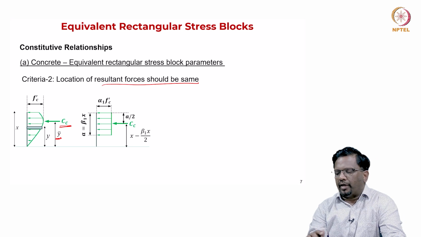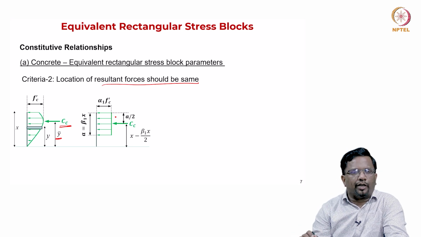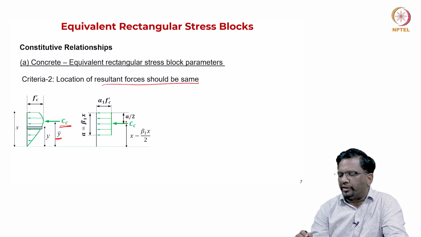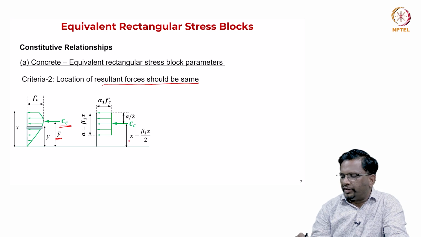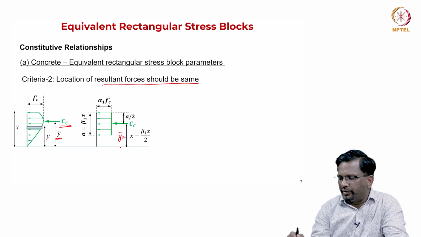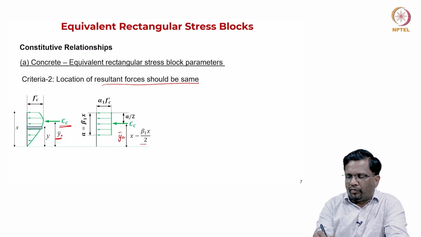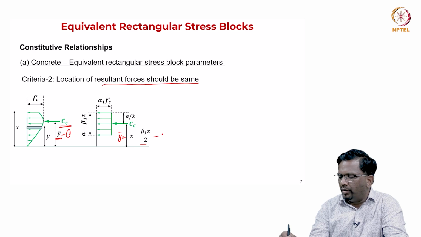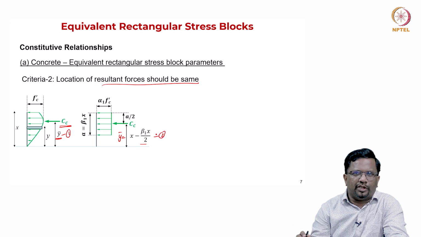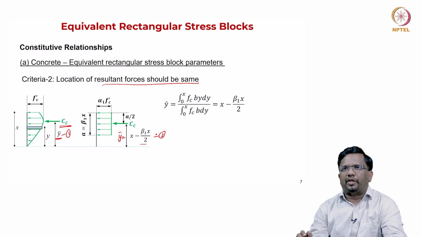In the rectangular block, we know that the location of your C c is at a distance of a by 2. So, this y bar is going to be neutral axis depth minus a by 2, which is nothing but beta 1 x by 2. So, this y bar from 1 and this y bar from 2 should be equal. That is what we are writing.